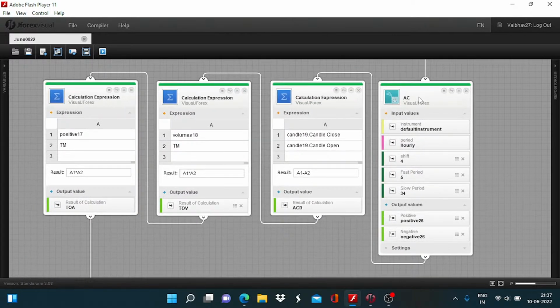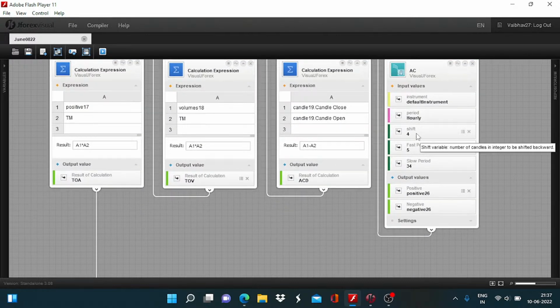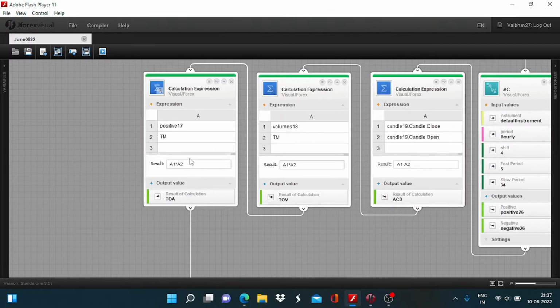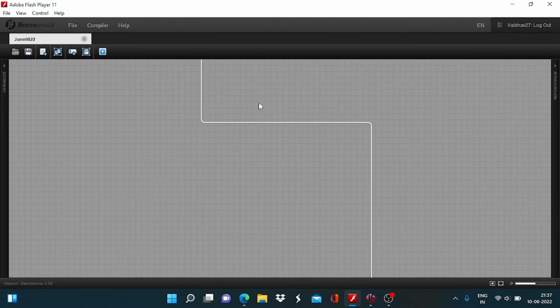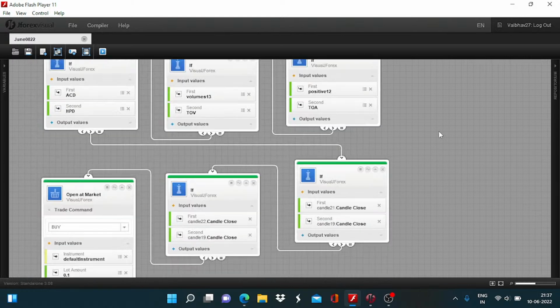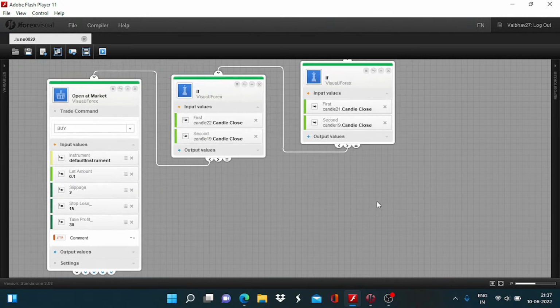Later on, I also added another AC block to look at the prior data, with a lookback period of 4, and these variables were created while defining the entry points for the buy trade. On the lower side, we have this setup ready for the execution of the buy trade. So this is the development so far.